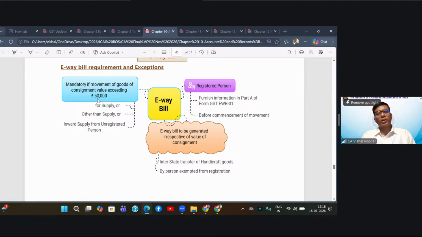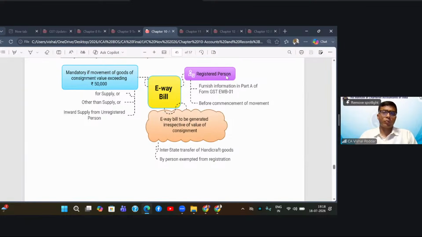Now, you have to note it, students, there may be supply involved in this movement. It may not be involving supply, or it may be even involving inward supply, where your supplier is unregistered. In all these cases, whenever the goods are moving on road, it has to be supported by an e-way bill whenever the conditions are satisfied. The first condition is consignment value should exceed 50,000. Now they have not used the words taxable value. They are saying consignment value. What it means, we'll discuss.